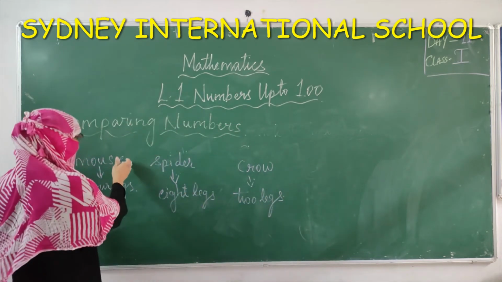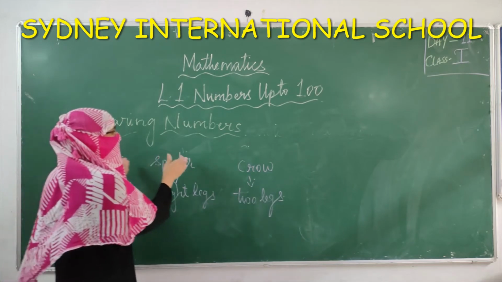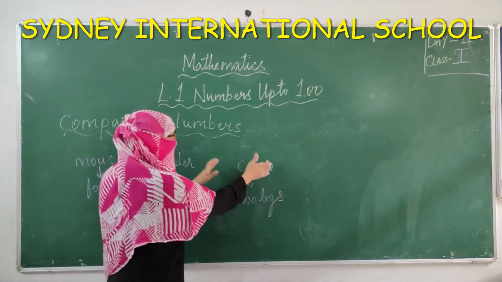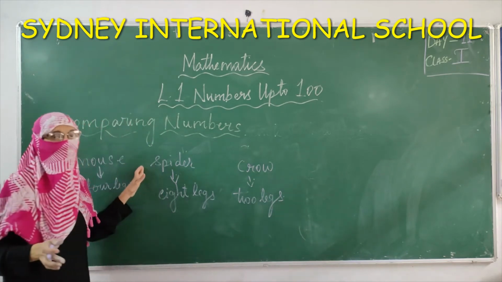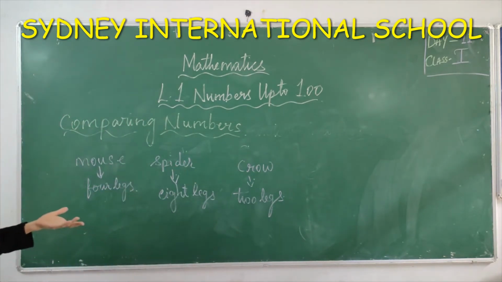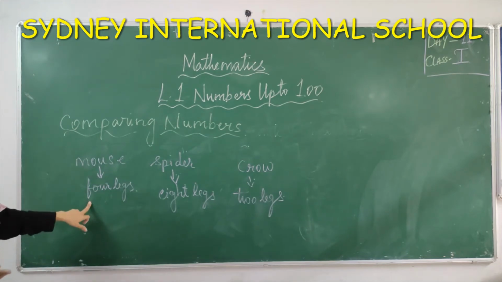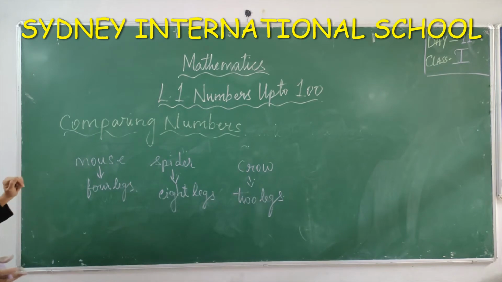Now I am comparing 3 things. I am comparing a mouse, a spider and a crow. I am comparing among the 3. So now I will say, among these 3, who is having more legs. The mouse is having 4, the spider is having 8, the crow is having 2. Who is having more legs?